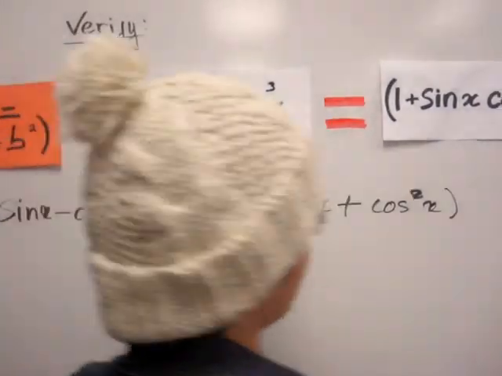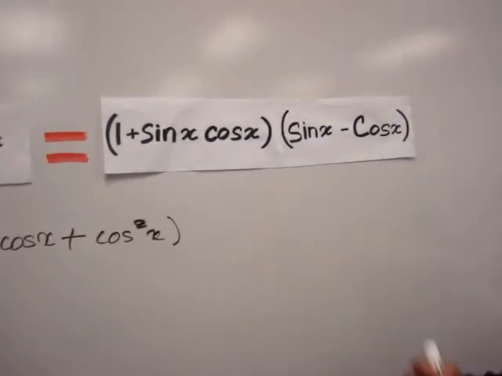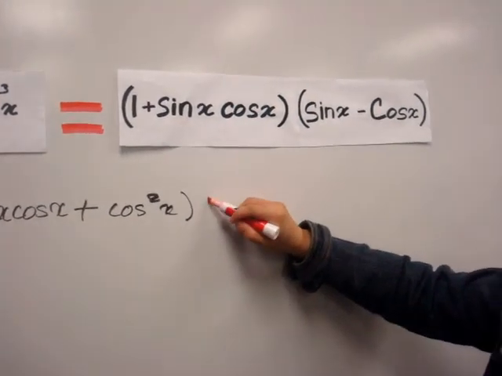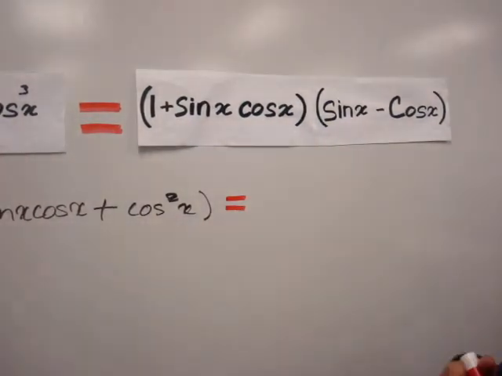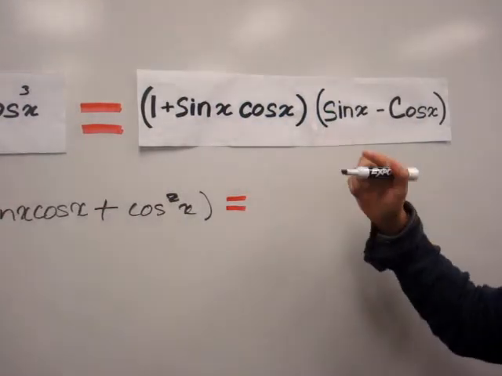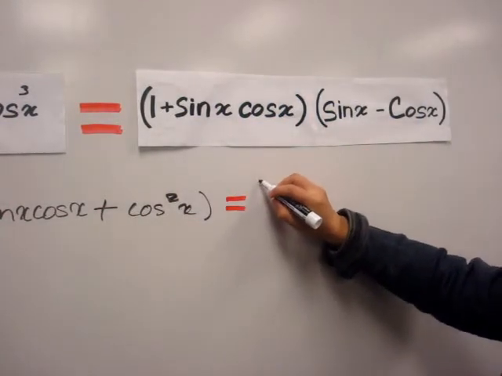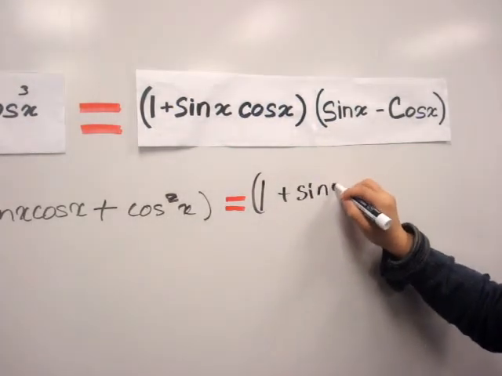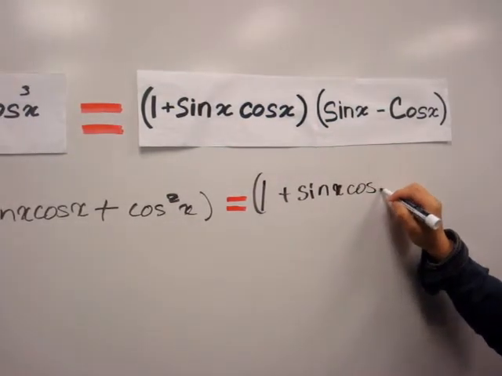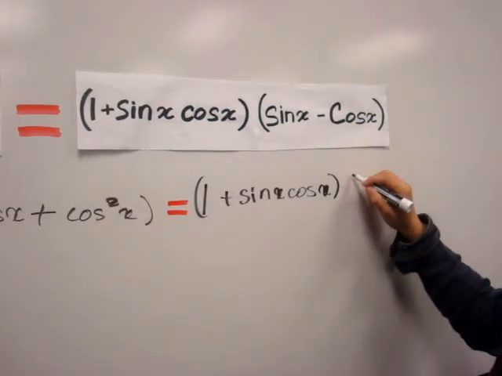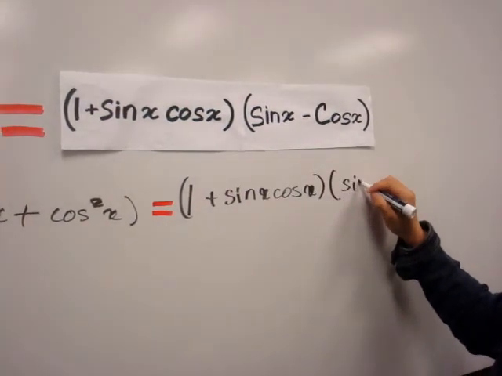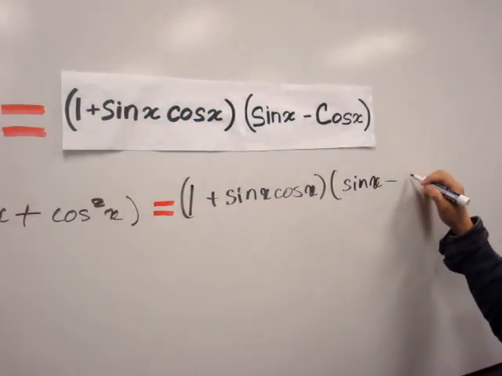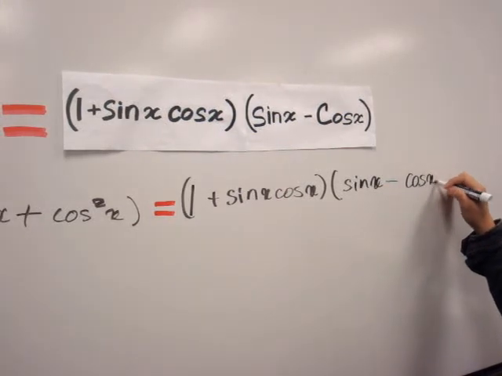And on the right side we're going to write it down exactly the same. It's going to be 1 plus sine x cosine x times sine x minus cosine x.